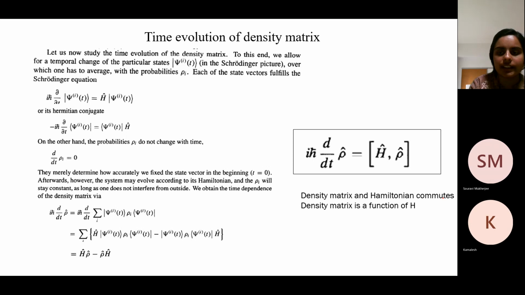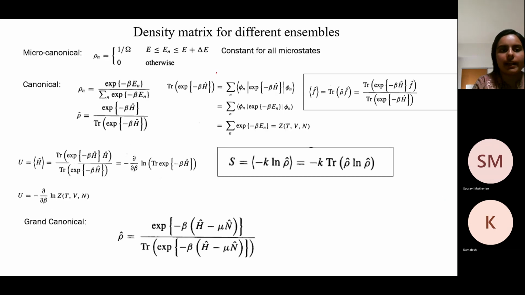But depending on the different ensembles that we choose, the function will be different. For a microcanonical ensemble, we know that rho n is 1 by sigma. Here rho n is the probability of being in the different microstates corresponding to some energy E, and that is the same, right?